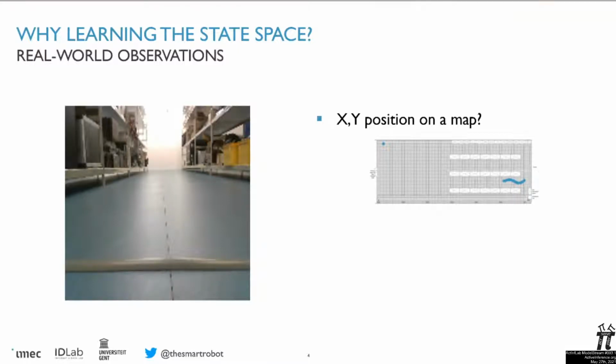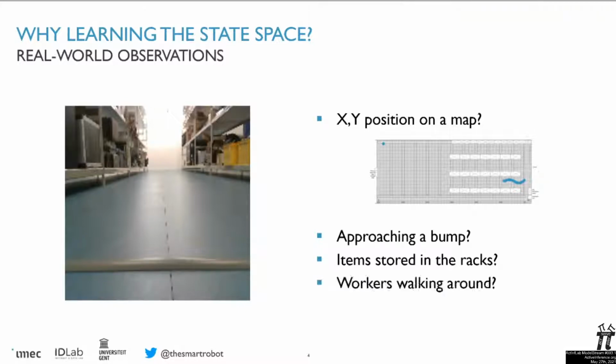It might be an XY position on the map, that might be something relevant for a robot as a state. It might also be, watch out, you're approaching a cable gutter, so there might be a bump. That might also be something useful. Maybe the items that are stored in the racks are relevant for whatever task you have, so that might also be part of the state space.